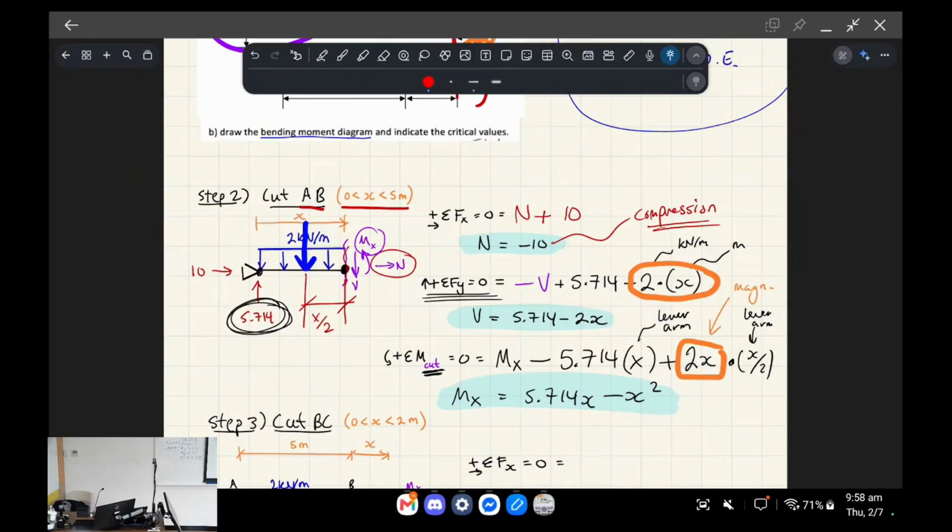Let's just say this is 2 kilonewtons per meter, and this one is 3 meters. Let's say there are no horizontal forces, and therefore no horizontal reaction. So this is 6 kilonewtons pointing down, and this is symmetrical, so this would be 3 kilonewtons pointing up on each side.